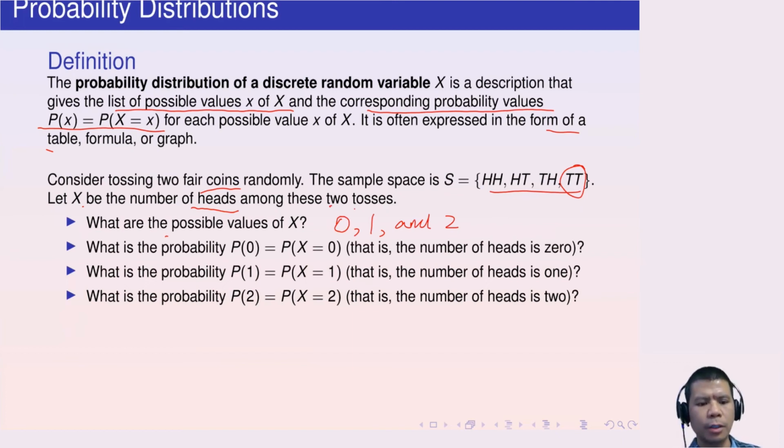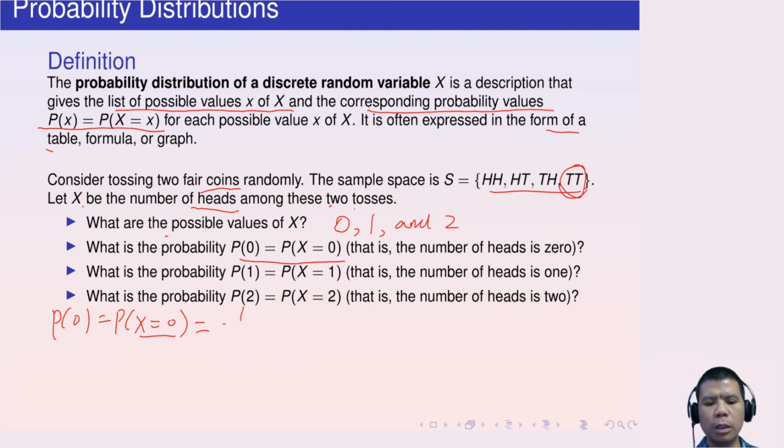What is the probability that the number of heads is 0? So P of 0 equals the probability for x equals 0. X equal to 0 means there are no heads, so it is tails, tails. What is the probability of getting that? It's 1 out of 4.